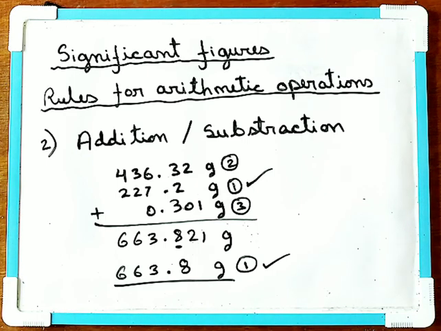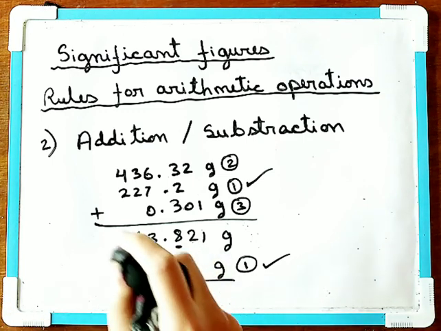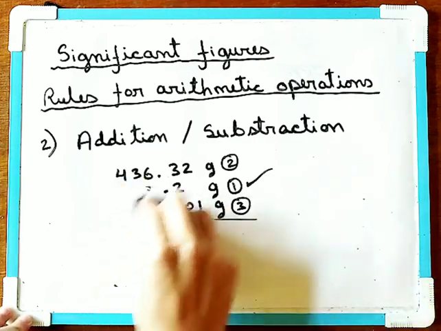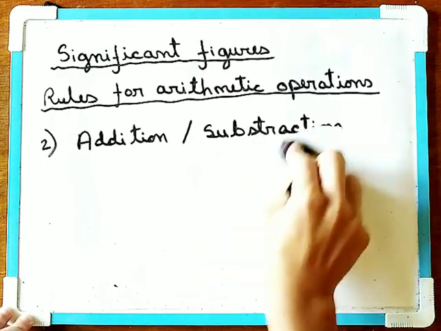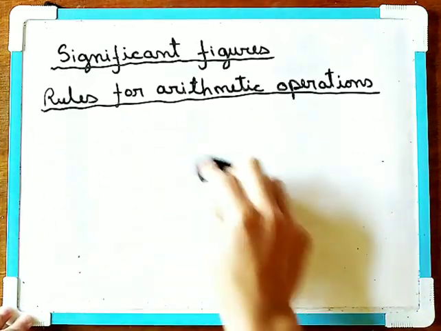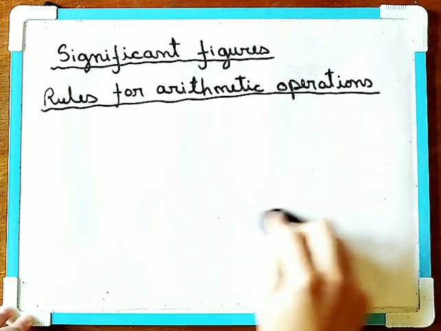In multiplication also we have to round it off, and in this addition also, see, we are rounding it off. So I'll just tell you the rules of rounding off, which I've told you just now while doing multiplication and addition.